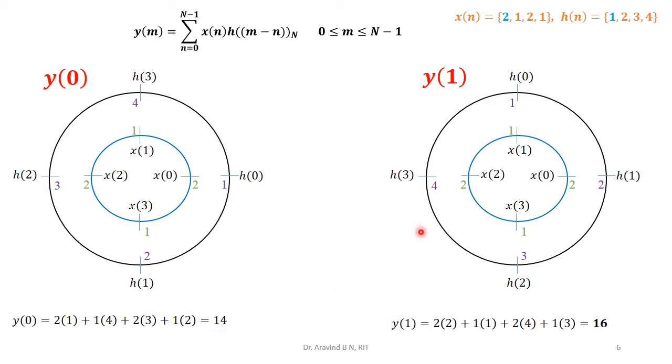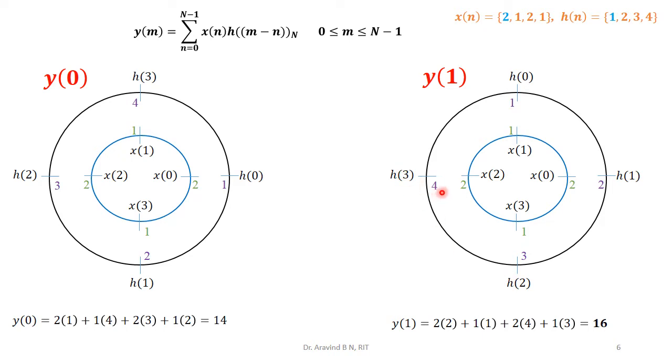Now, continuing, we are going to calculate y of 1. In the case of y of 1, the inner circle has no changes with respect to the outer circle. H has taken one shift in an anti-clockwise manner when compared to y of 0. So we have the values written over here, h of 0, 1, 2, 3.